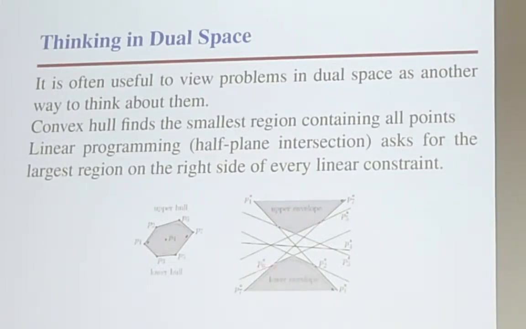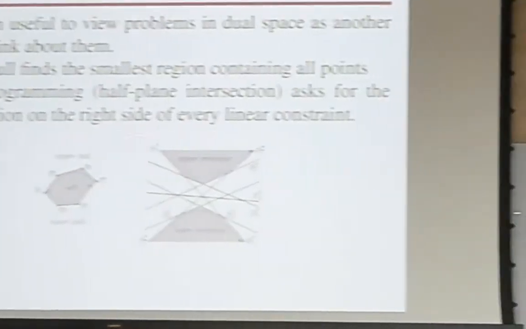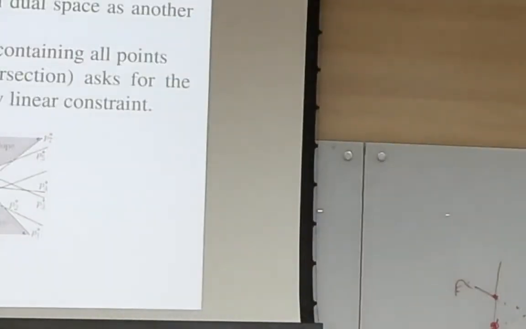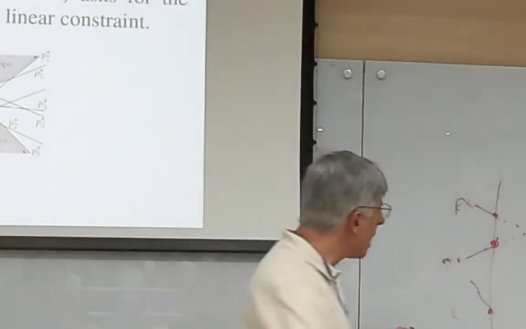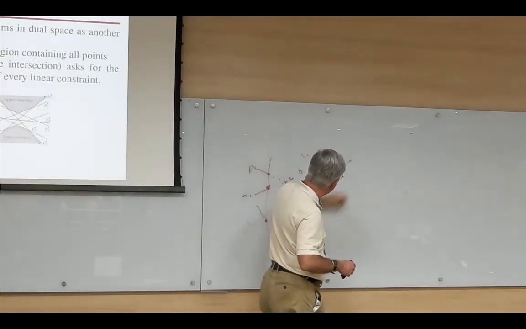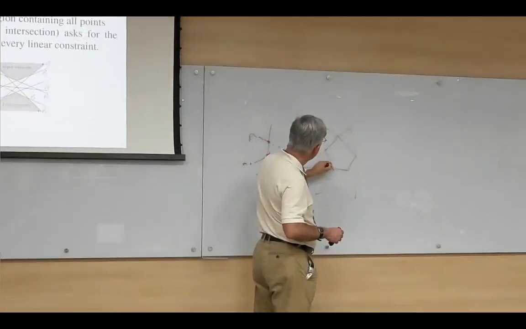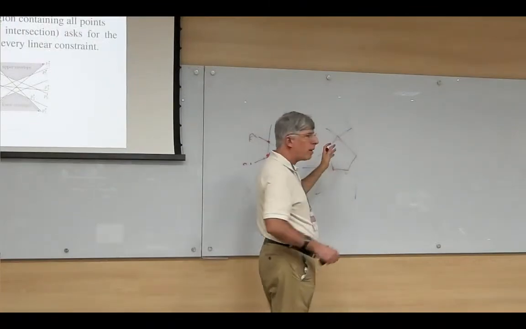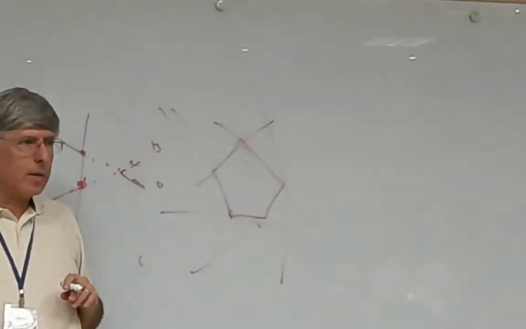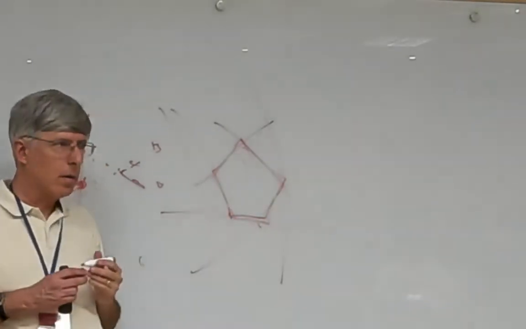So there's kind of a connection here between the problem of finding the points on the convex hull and this: if I give you a bunch of half planes, directed lines, what is the region that lies within all of those half planes? That's what we thought was interesting for linear programming.